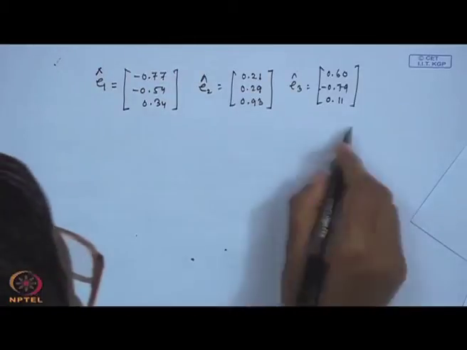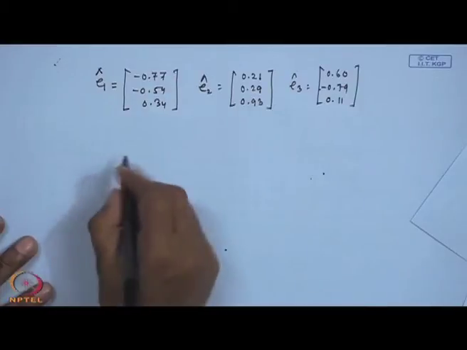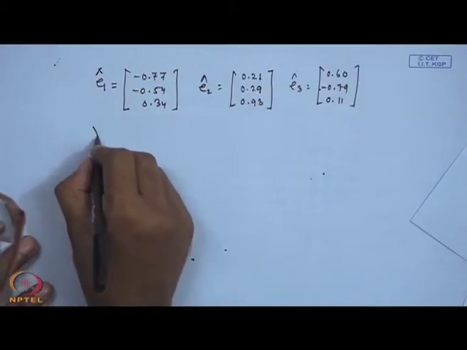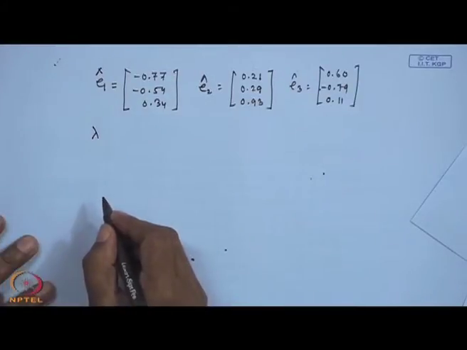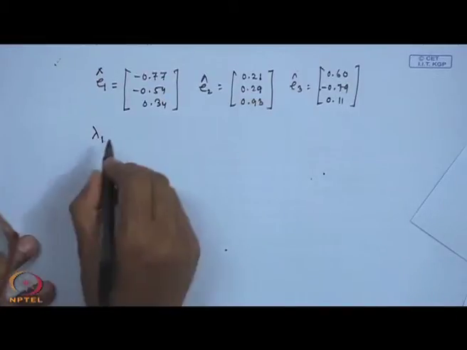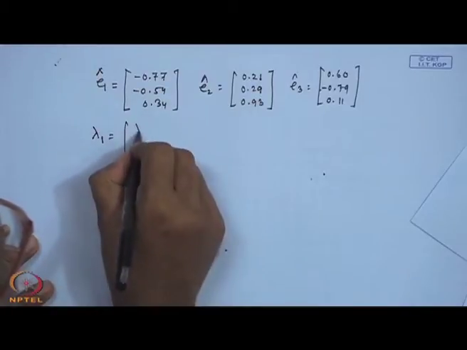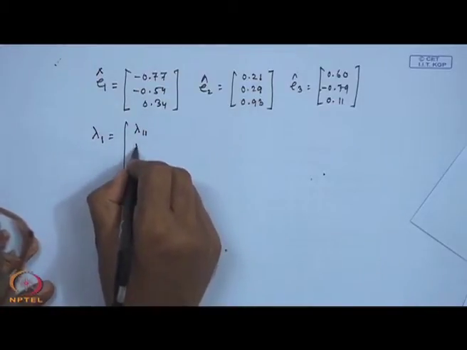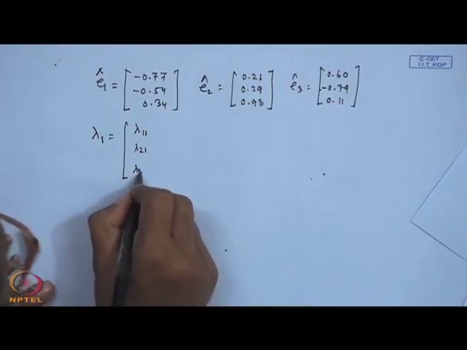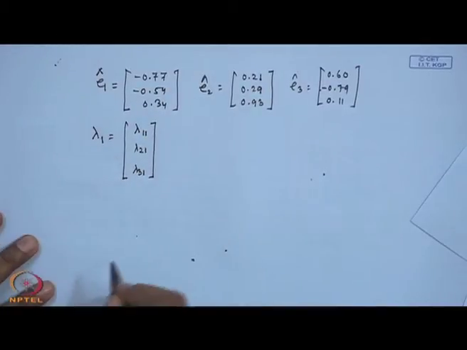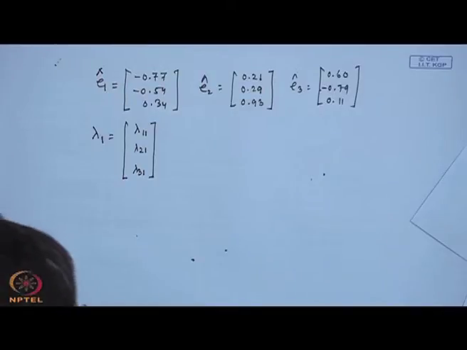So what I want is lambda 1, which will be basically a vector lambda 1 1, lambda 2 1, lambda 3 1, and you have seen this earlier also.